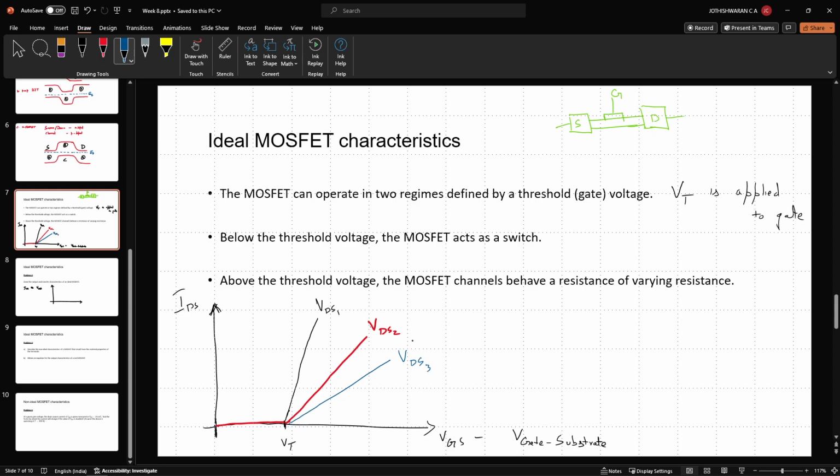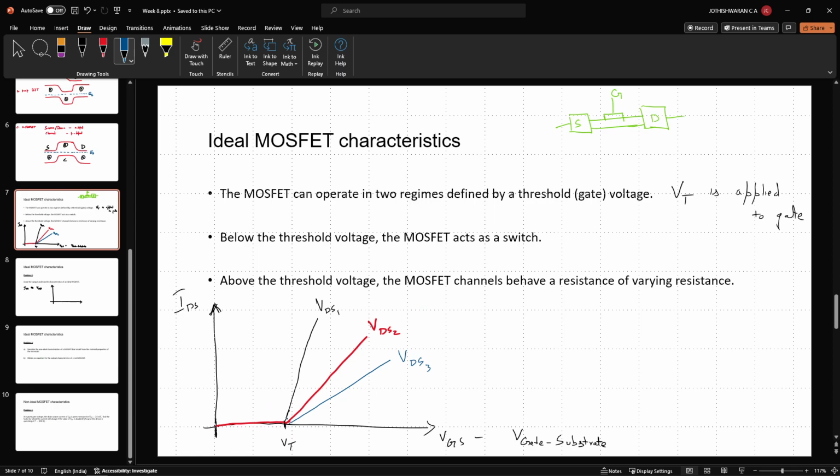So you can kind of guess, because the higher the voltage applied across two terminals, we'll expect the current to be also higher. So based on that, you can guess the relation between VDS1, VDS2, and VDS3. However, in a real device, something else happens.